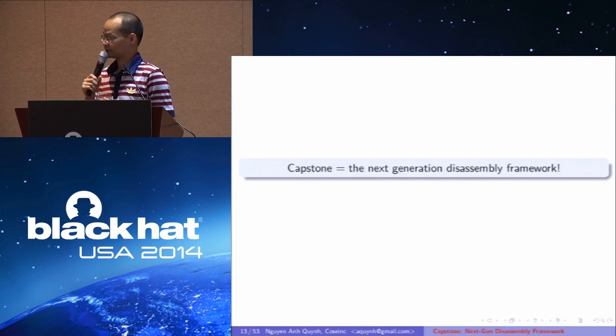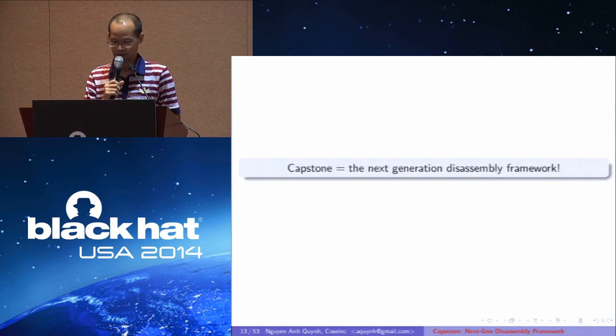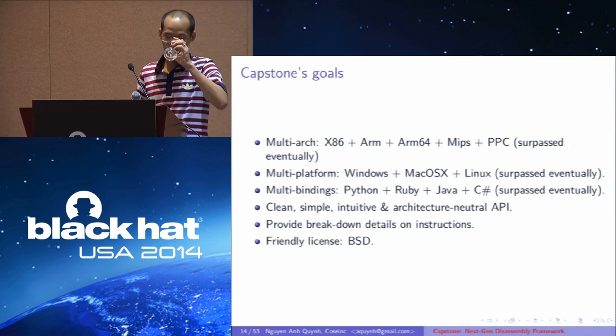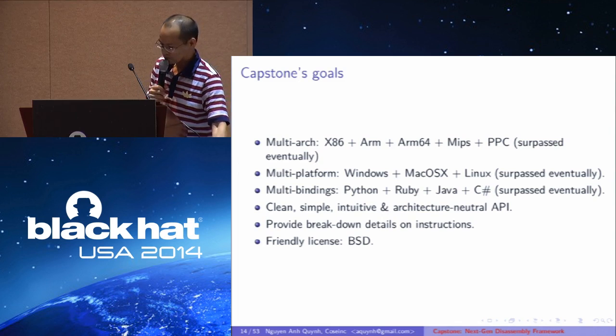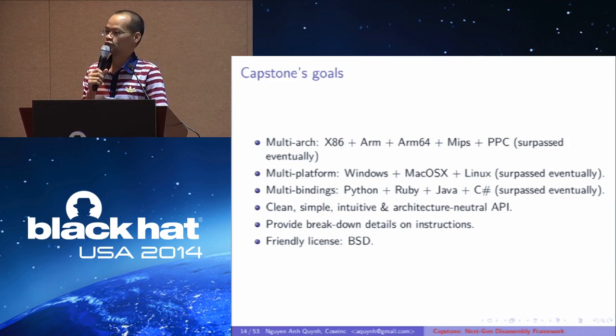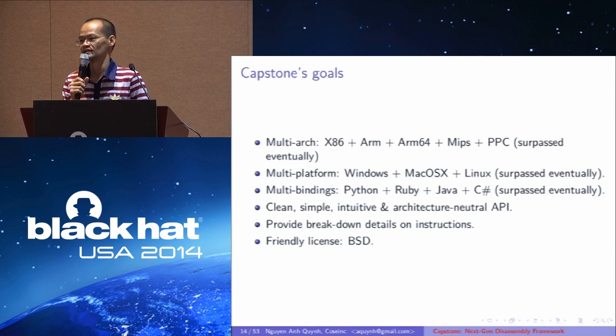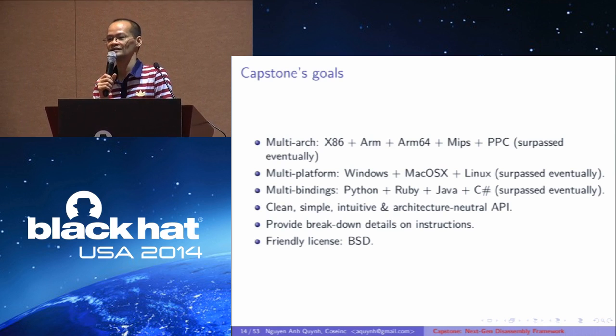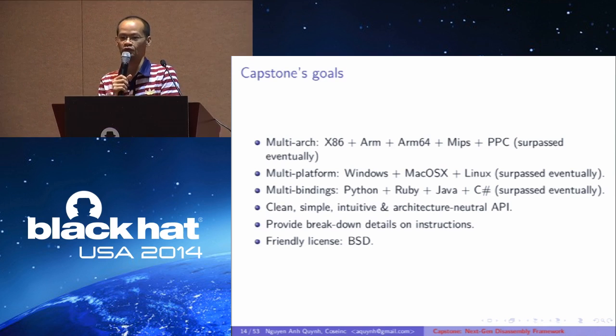Okay, next part I look at Capstone, the design, the implementation. After I found out that nothing worked, I needed to decide what to do. So the easy choice is that you can just sit still, relax, and wait for somebody to show up and solve all of your issues, all your problems.